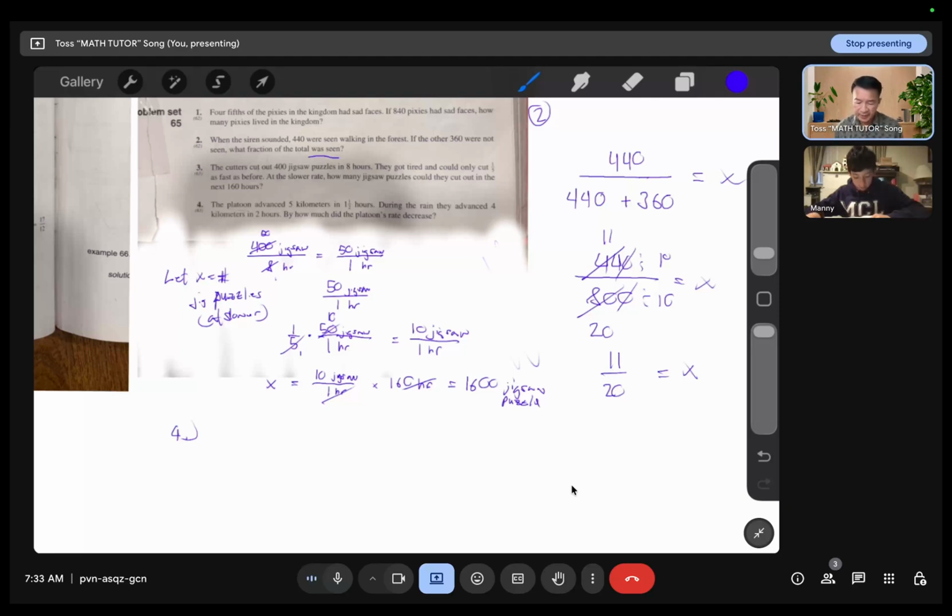Yeah, this is fancy stuff, dude. Let me think here. I would actually reduce it first, or simplify the rate, either in decimal or in fraction. What do you mean?